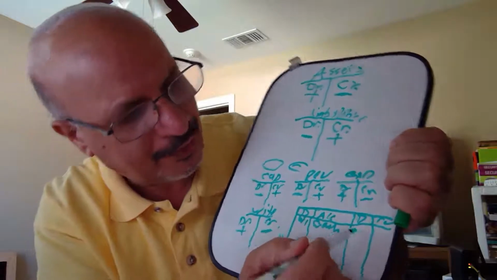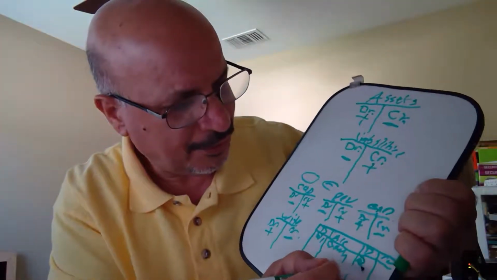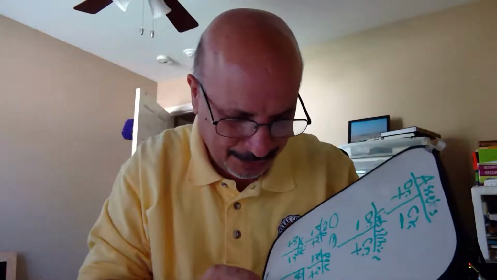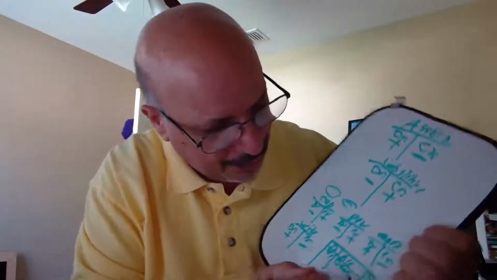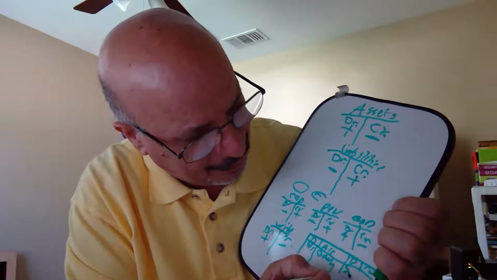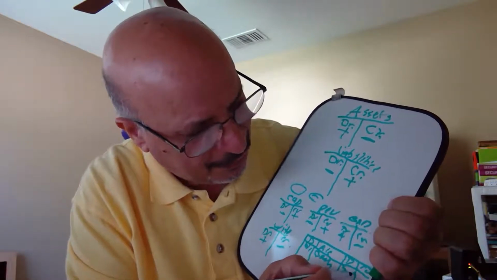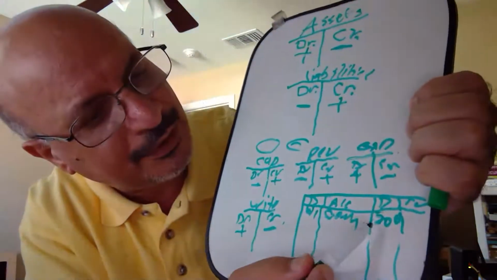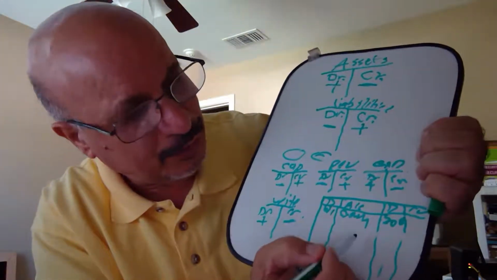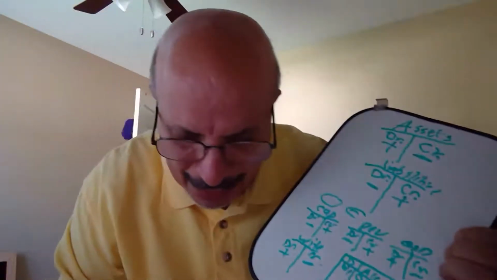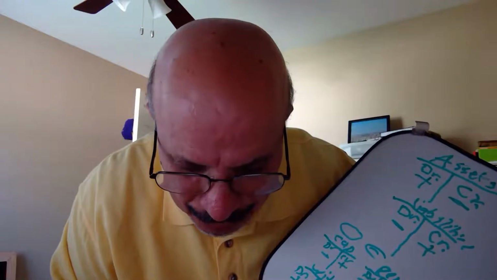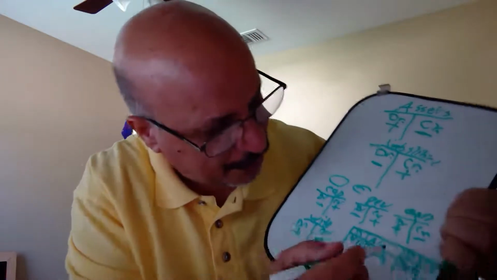20 grand. I know you can't read it, I'm sure. I'm sorry. 20 G's I put over here. And what do I credit? The capital. The name of the guy is Lutz.